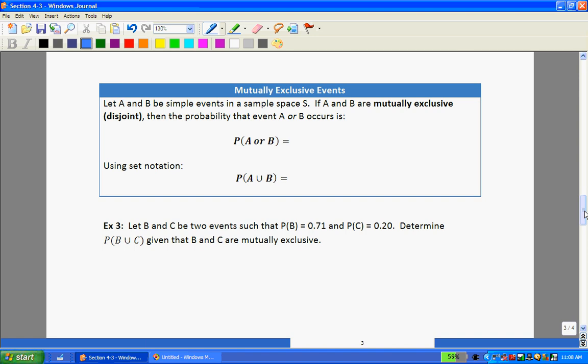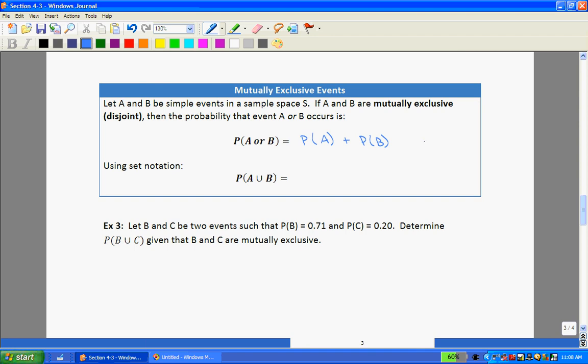Let A and B be simple events in a sample space S. If A and B are mutually exclusive, you'll also see the terminology disjoint, that means the same thing, then the probability that event A or B occurs is the probability of A plus the probability of B.